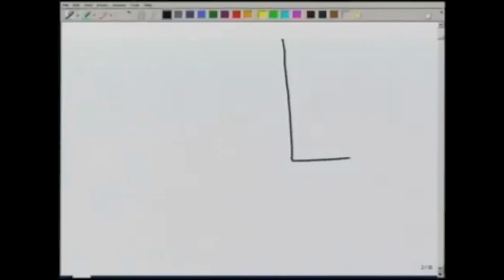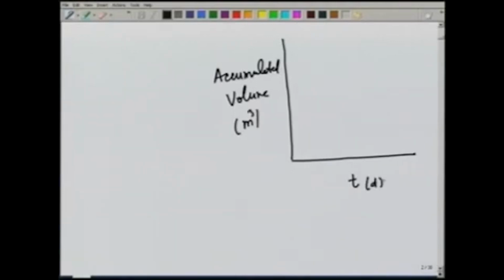As we have seen, a mass curve is a plot of time versus cumulative volume, so accumulated volume, let us say in meter cubes. The time may be in days or months.